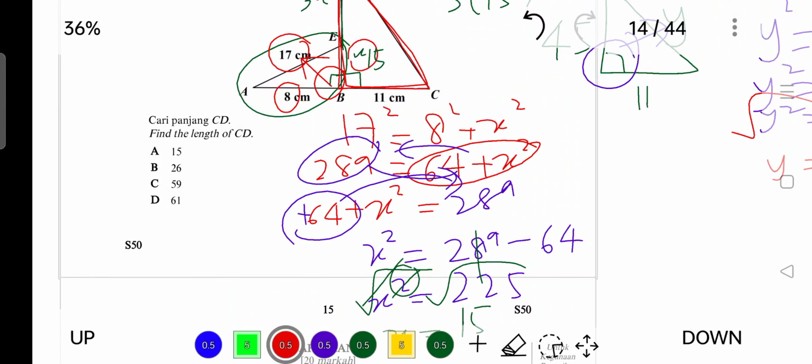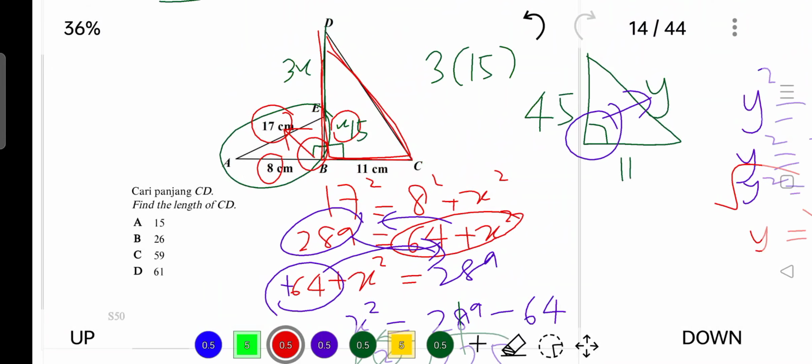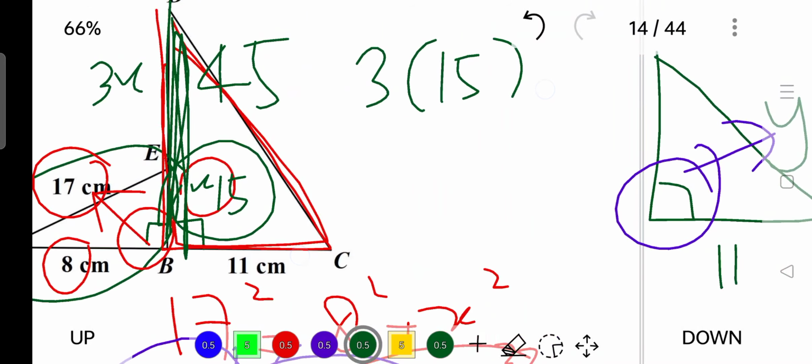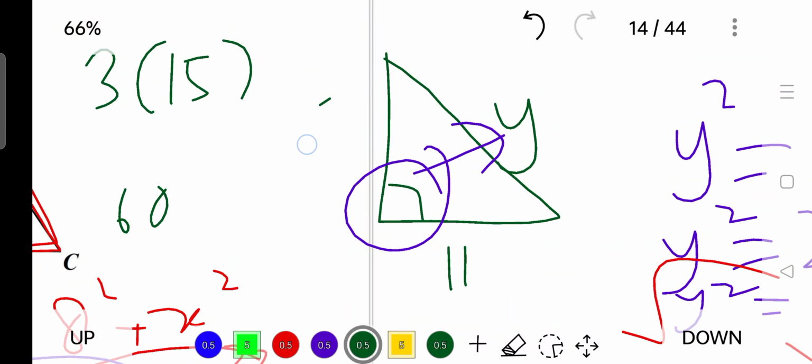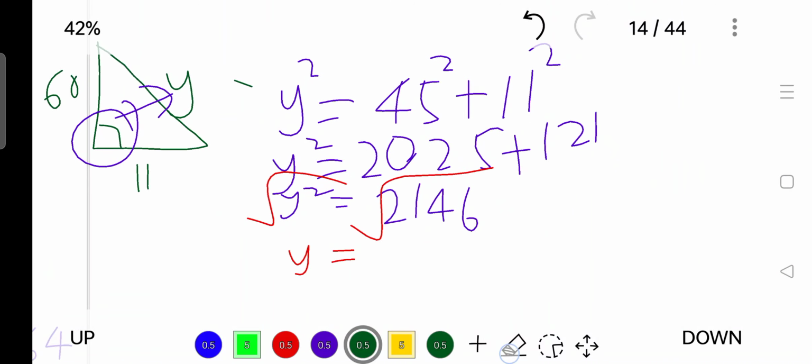I know where my mistake is. This is not 45 but 45 plus 15. Up is 45, down is 15, so I will have 60 over here. Sorry, it's my mistake, right?